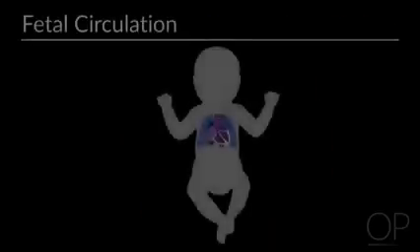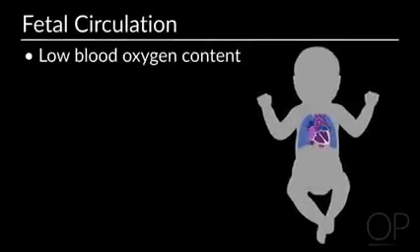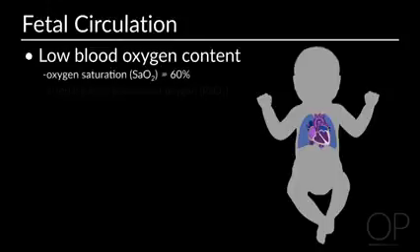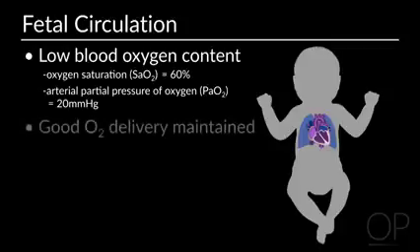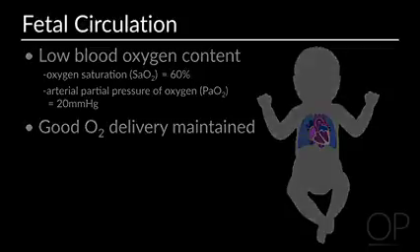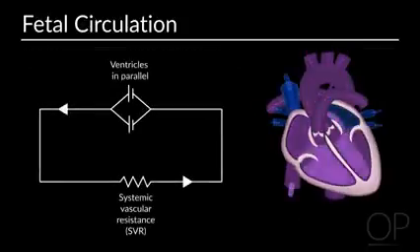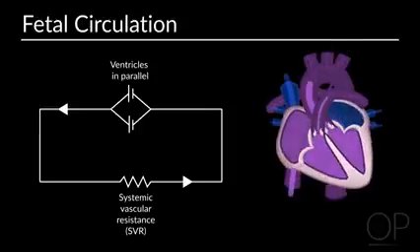The fetus has a low content of oxygen in blood with a saturation which is about 60 and a PaO2 of 20. Nevertheless, he is able to maintain a good delivery of oxygen to tissues because both the ventricles are working in parallel towards the systemic circulation.